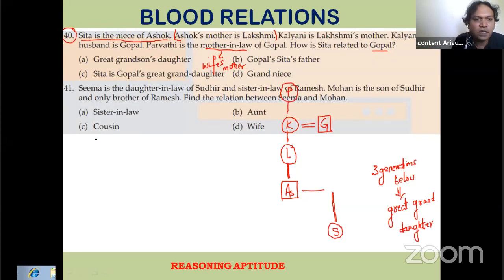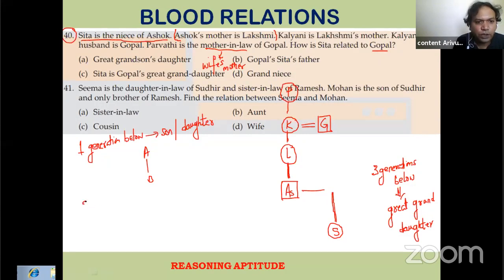If it is one generation below, that means son or daughter. Write down somewhere if you want, in case this is not clear to you. One generation is like this, A, B. This is one generation below.